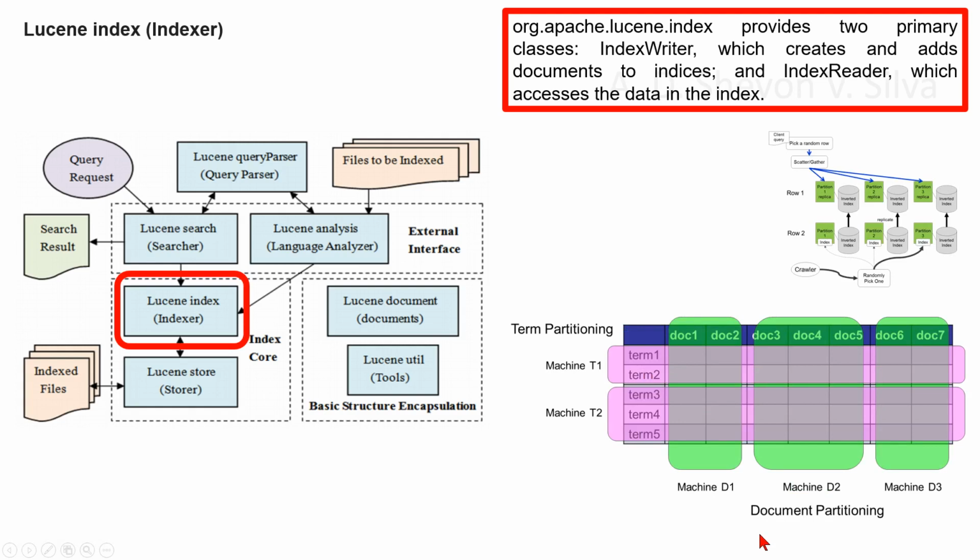Now let's look at document partitioning for a large corpus. For a large corpus like web documents, the index is typically distributed across multiple machines. There are two models of distribution: term partitioning and document partitioning. In document partitioning, documents are randomly spread across different partitions where the index is built.